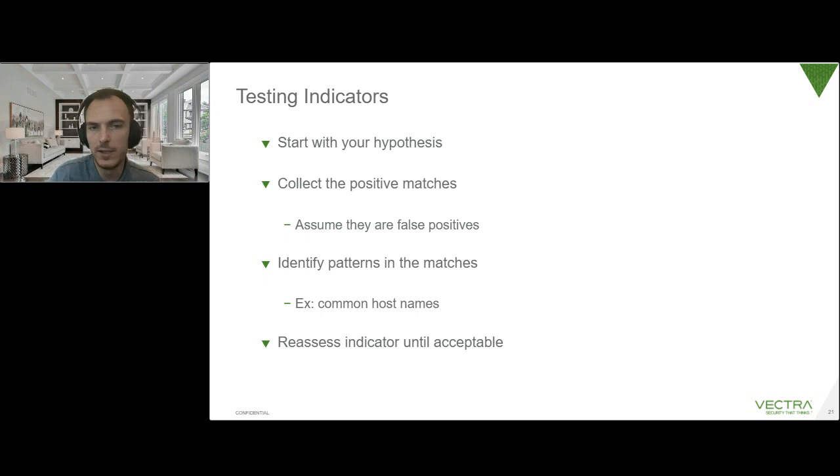So we may find that our initial, broad approach of saying all Tor activity is not actually useful for us. Maybe there's part of a network we don't fully control, maybe guest Wi-Fi, whatever the case is. So we know that we want to shrink this down. All right, let's ignore guest Wi-Fi. That's a very simple alteration to that original indicator that may provide greater fidelity for you in terms of actionability.